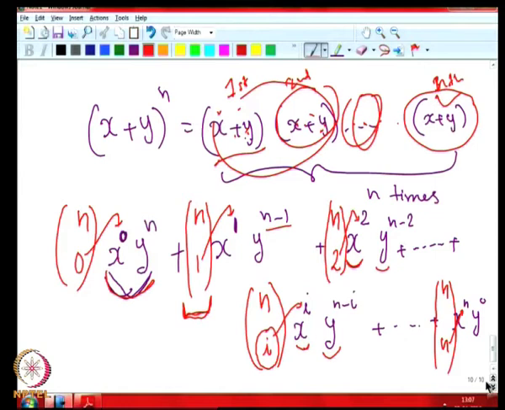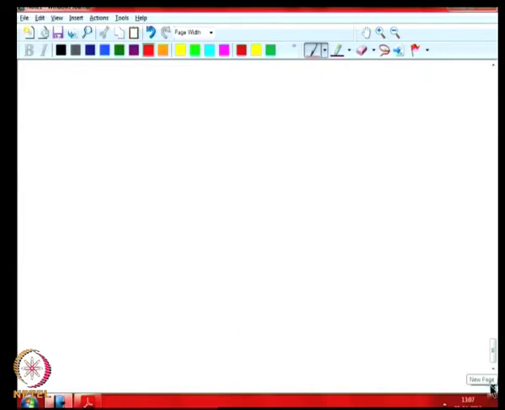So this binomial theorem makes use of this combinatorial coefficient. It is written in terms of combinatorial coefficients. Now once we talk about the binomial theorem, since x and y are variables in this equation, we can put in some values.